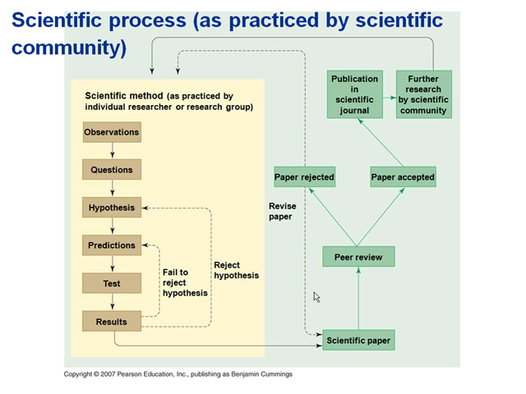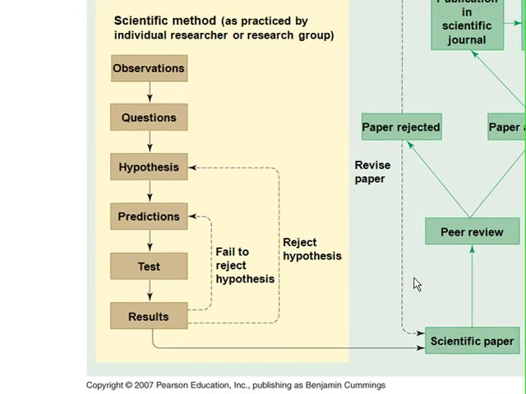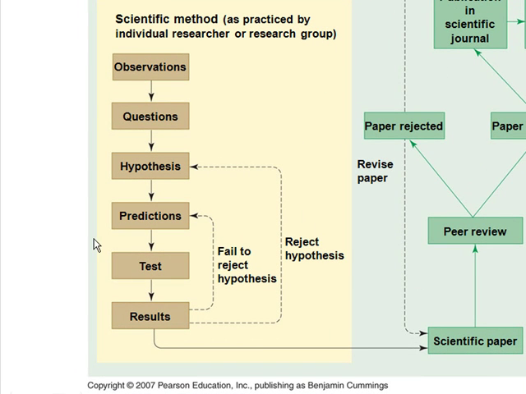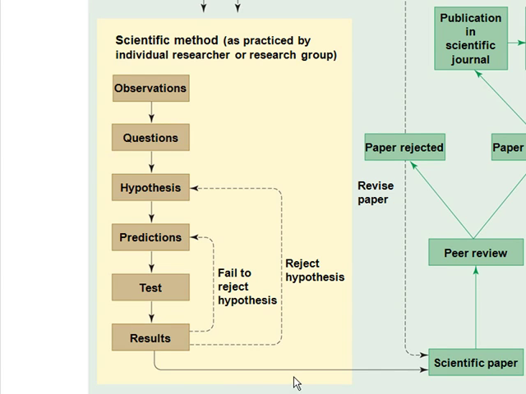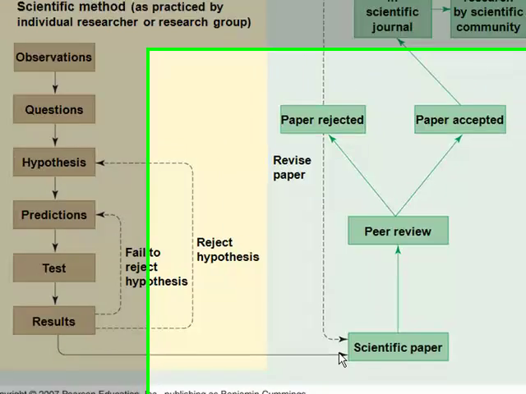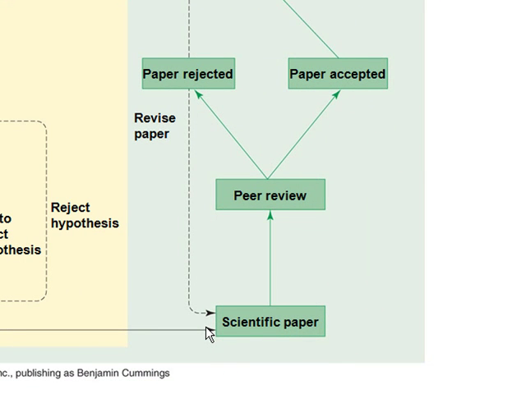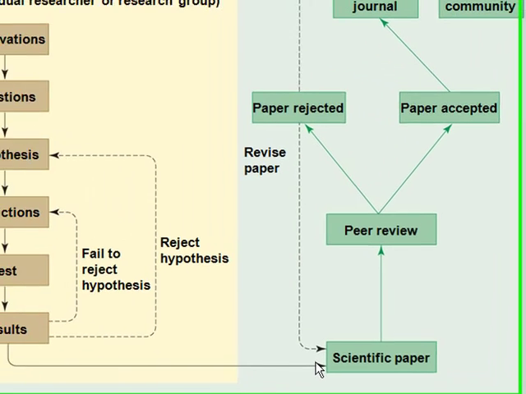So if you look at this figure, the scientific process as practiced by the scientific community, the main area here shows the process as we looked at it. Now, there are a lot of other steps. Once you get your results, you need to create a scientific paper, write it out, and document what you did: your materials, your methods, the results, and what you think it means.